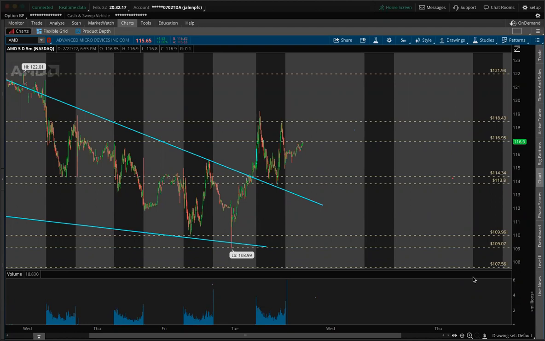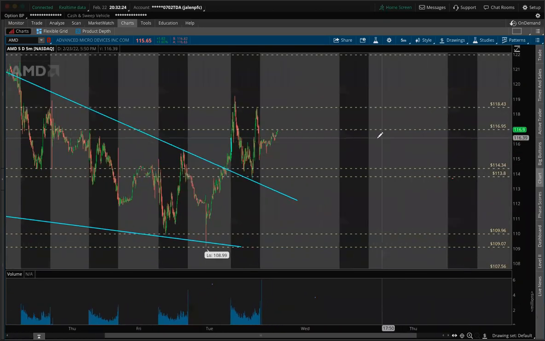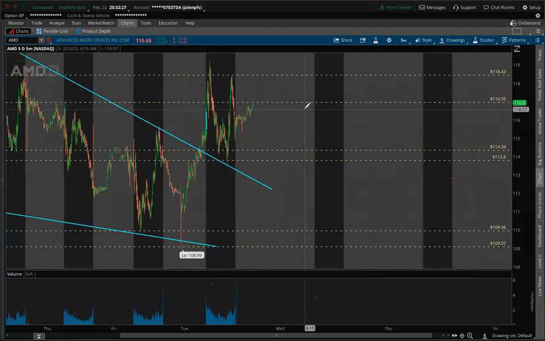So now, obviously, the market is closed. It probably will be above or below this. Now, when I come to the next day, let's say I want to scalp AMD. Let's say AMD stays under here. How would I call this trade?